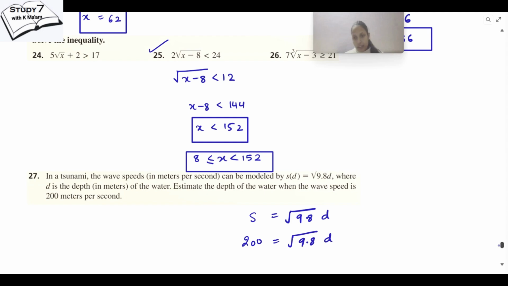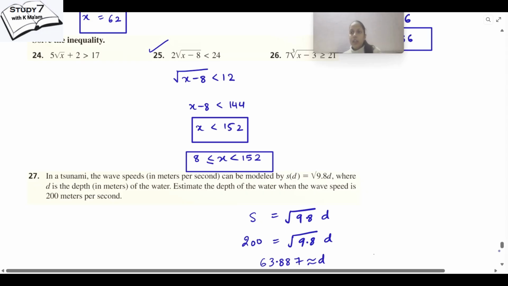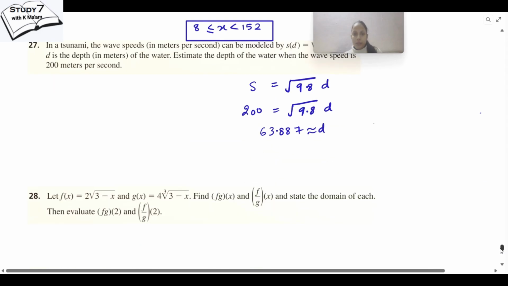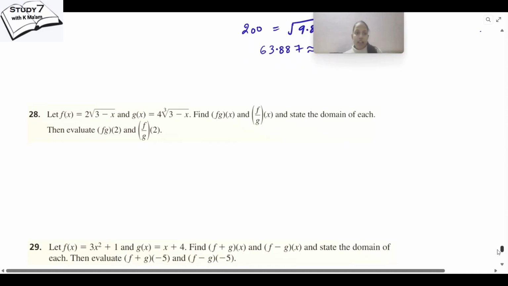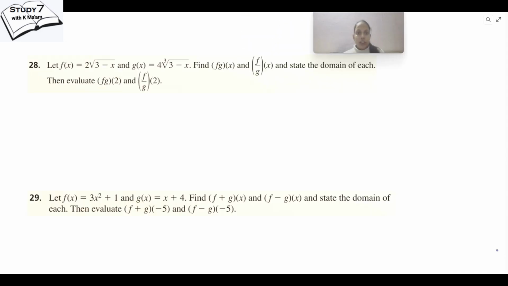You need a calculator here. So you will get the depth as approximately 63.887. Okay.